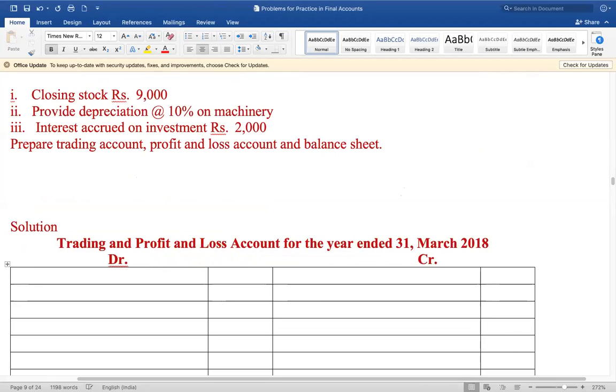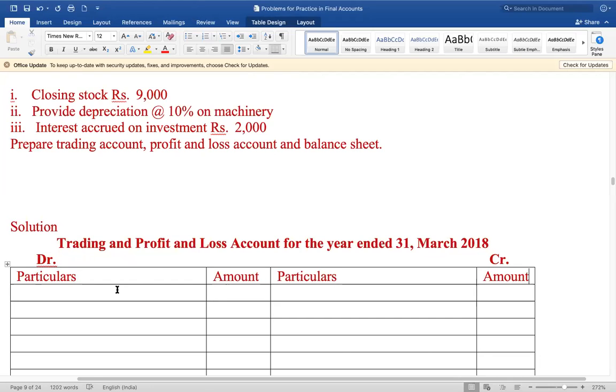And below that, in the first row, you will be writing the headings: particulars, amount, and the same thing, particulars and amount.